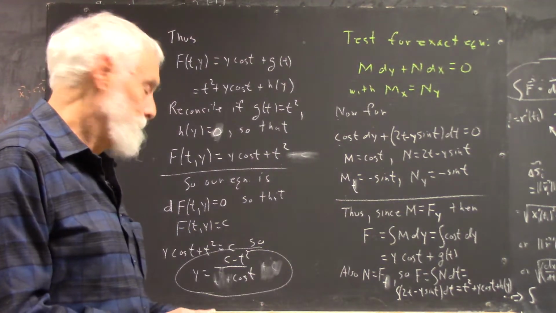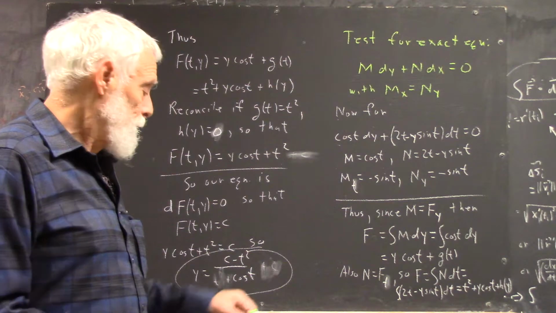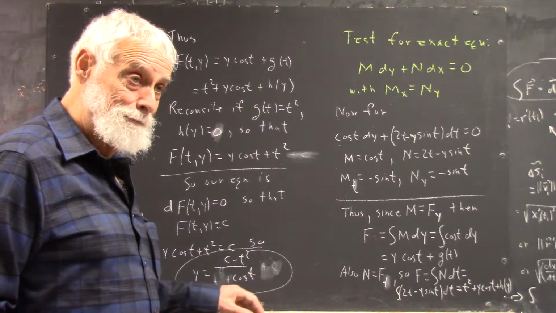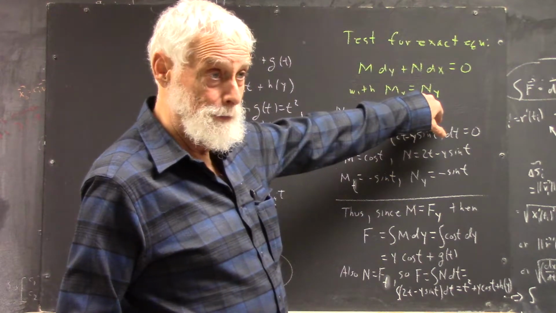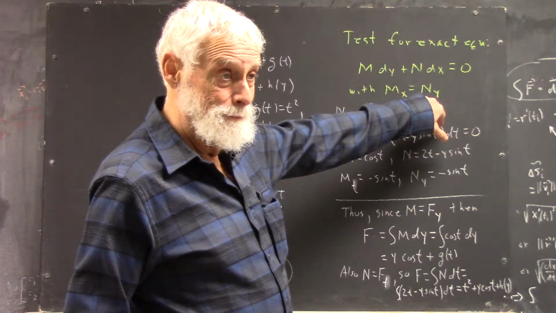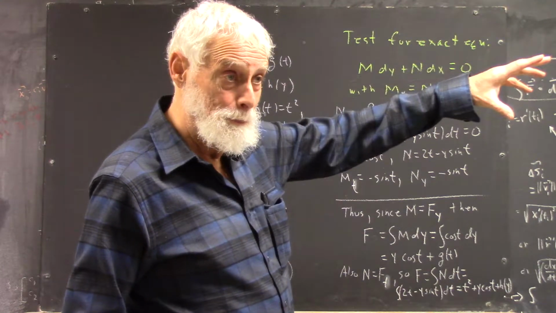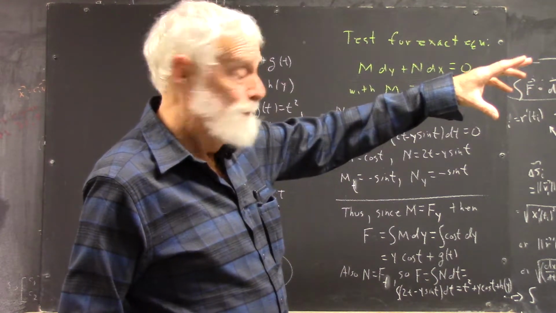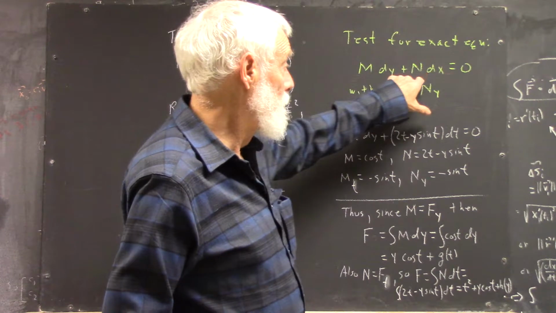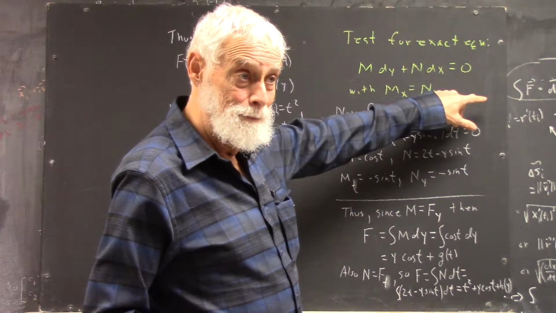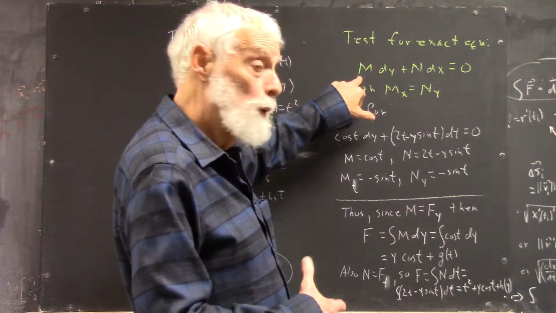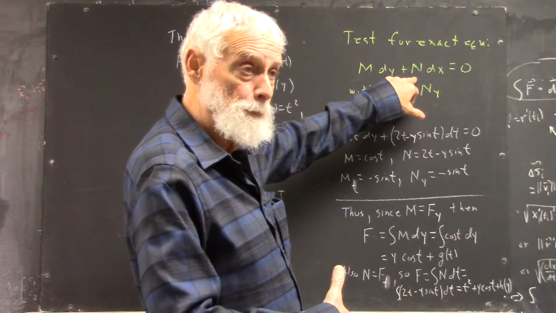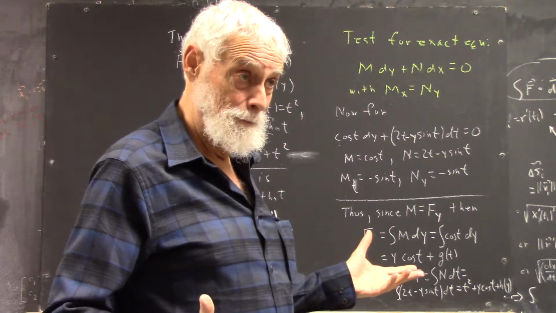Okay? So the main thing you want to see is the test, and why this test. If df equals 0, then you get M dy plus N dx equals 0, where M is the partial of f with respect to y, and N is the partial of f with respect to x. That's just your differential.